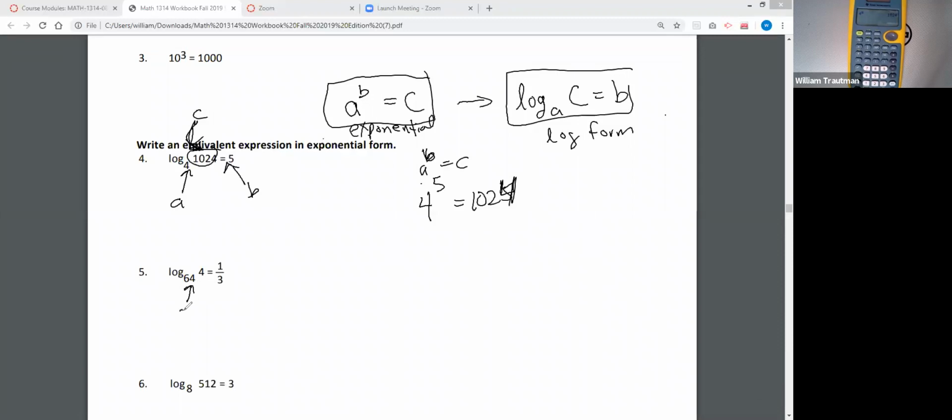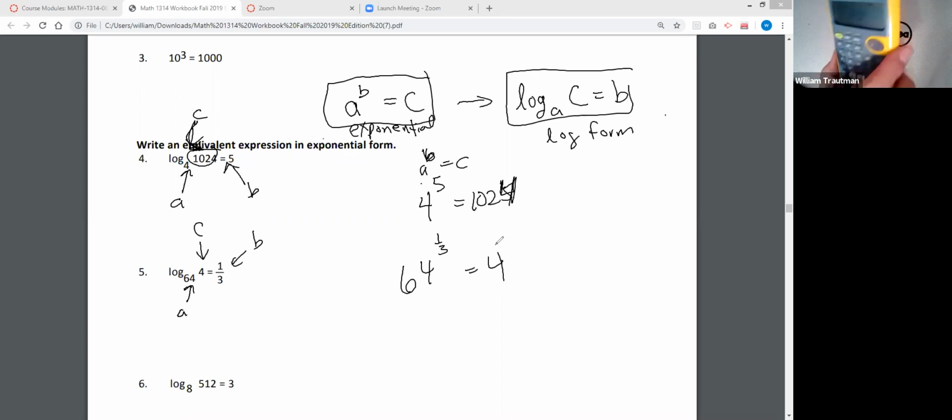So once again, let's change this. This is A, this is B, and this is C. So it should be A to the B power equals C. And you just verify these on your calculator. 64 raised to the 1/3 power. I'm going to put the power in parentheses: 64 raised to the 1 divided by 3 power.